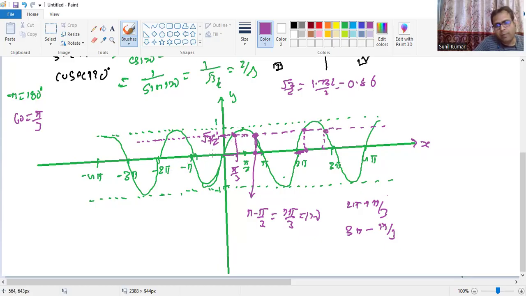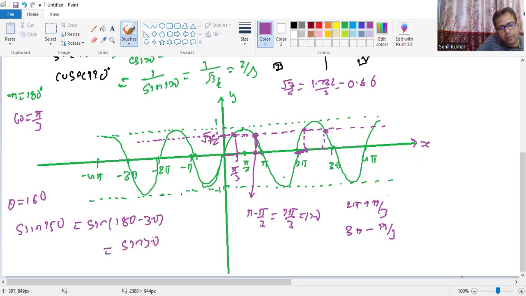So what do we assume for the other angle? Suppose theta is 150. Sine 150 we can write as sine of 180 minus 30, and that is equal to sine of 30. It means sine 150 is equal to sine 30, and both values become 1 by 2, that is 0.5.